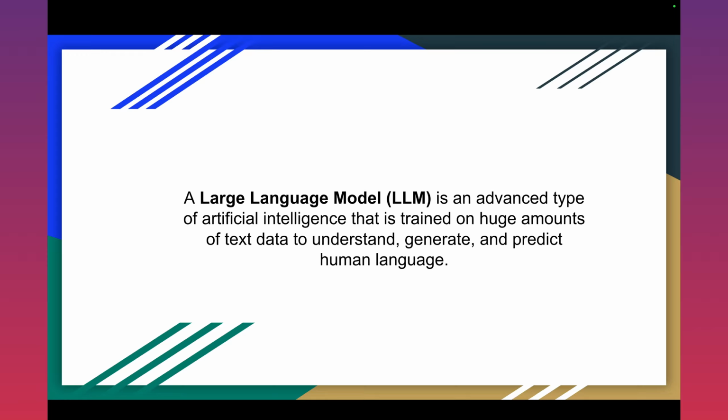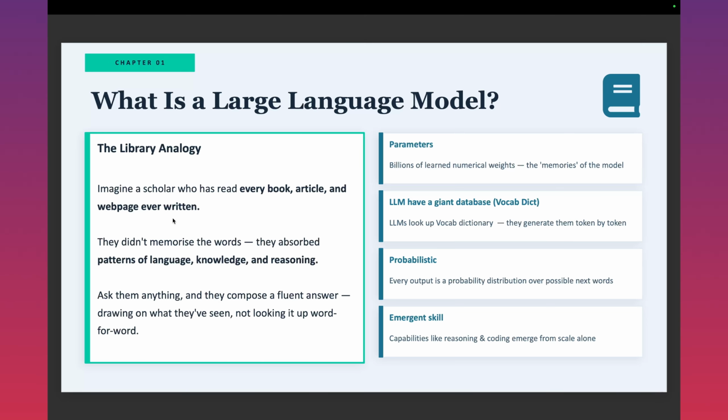LLMs are also nothing but machine learning models, but since we take a very huge amount of data to train these mathematical models, they are called large language models. Once that training happens, they are able to confidently give us answers, very similar to this analogy.